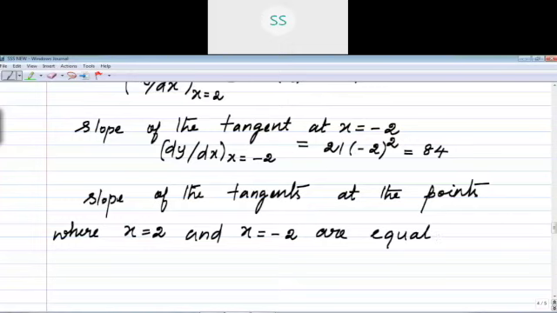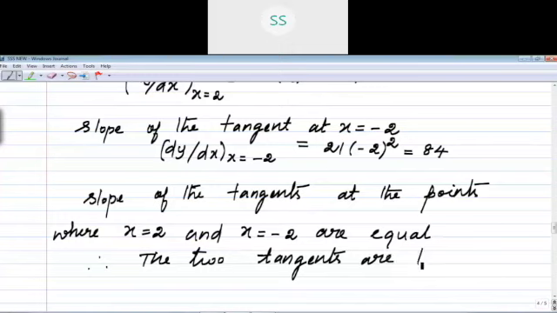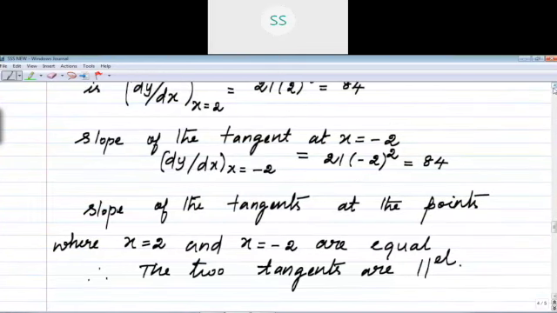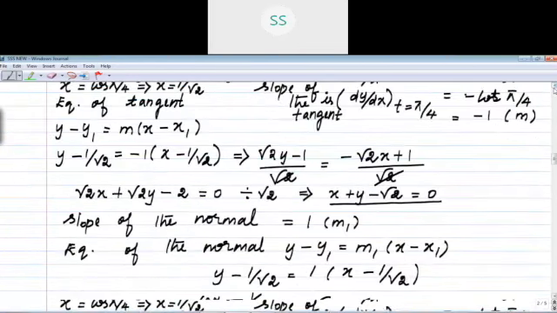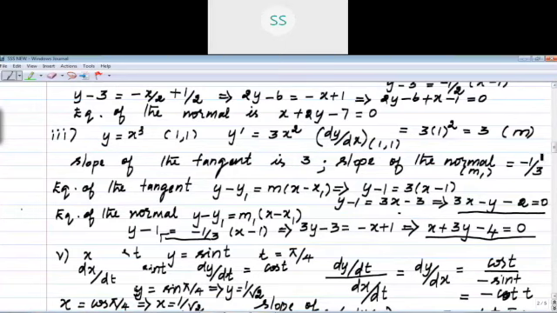Therefore, the two tangents are parallel. Right? Again, I will explain to you, children. Listen carefully. See here.